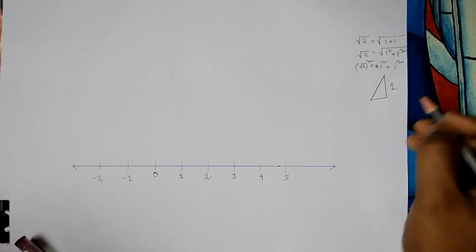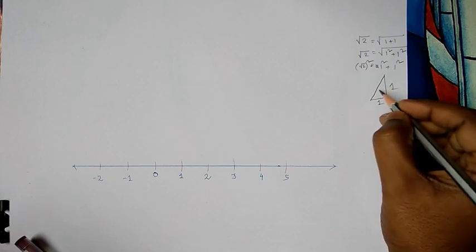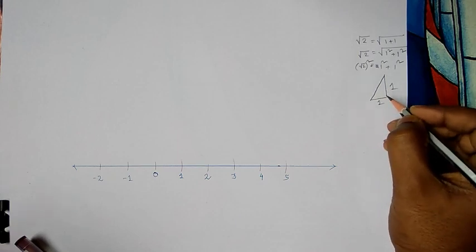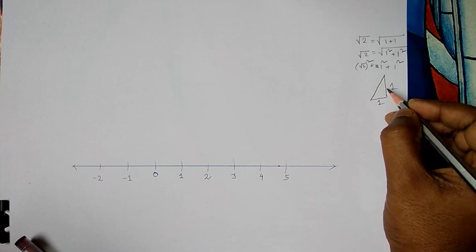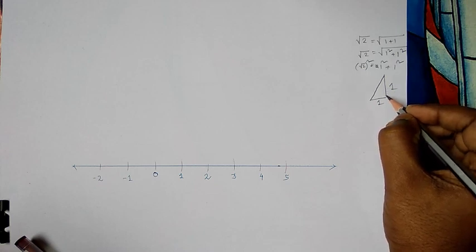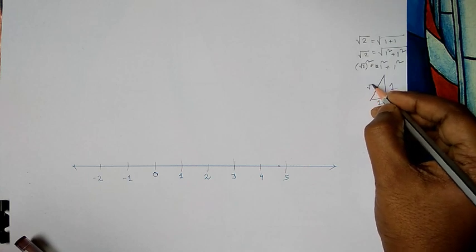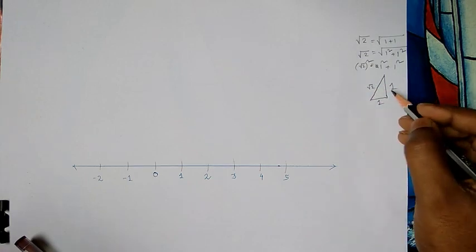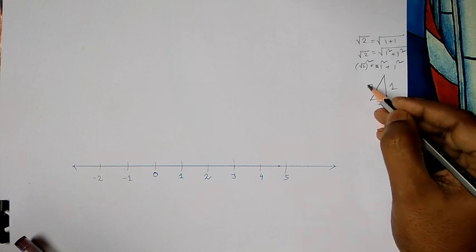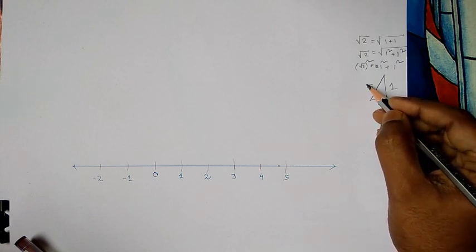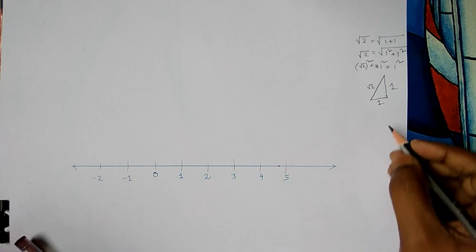If it is 1 unit and it is 1 unit, by Pythagoras theorem you know that the sum of squares of two legs equals the square of the hypotenuse. So 1 square plus 1 square equals root 2 whole square.